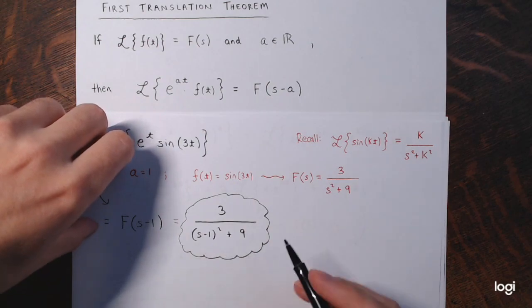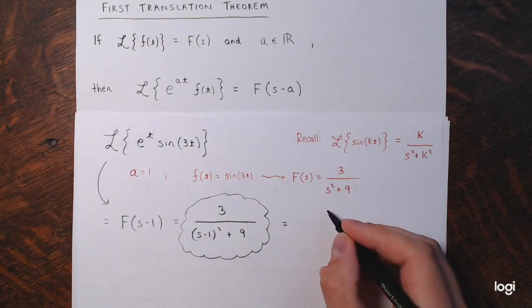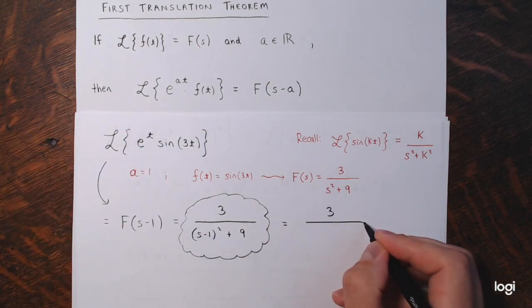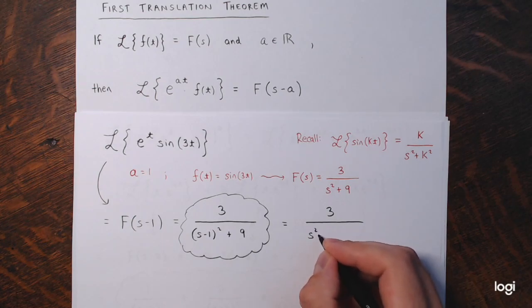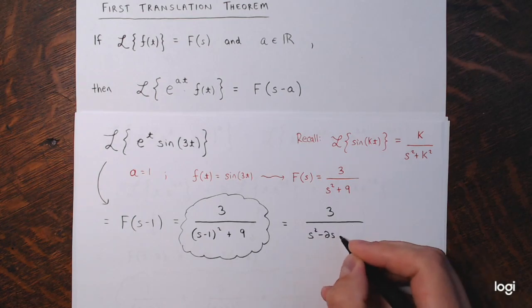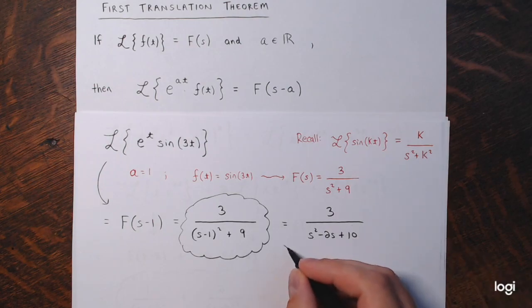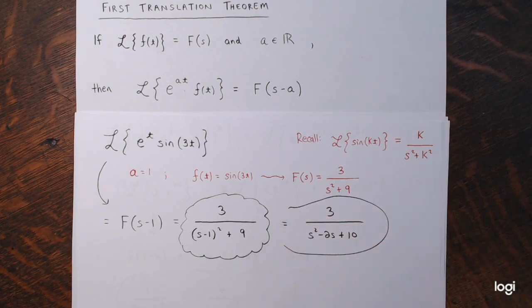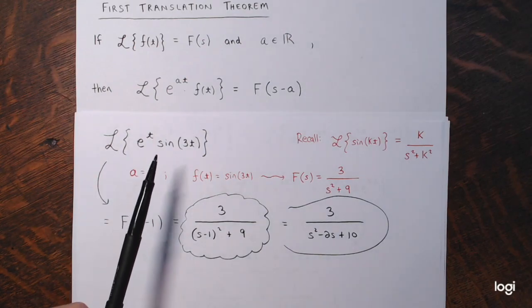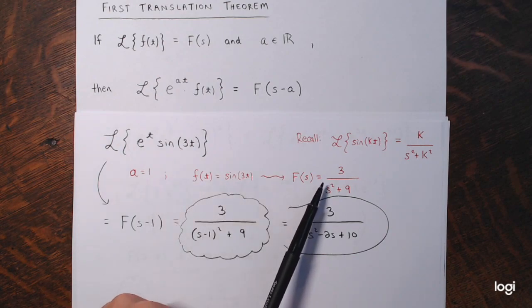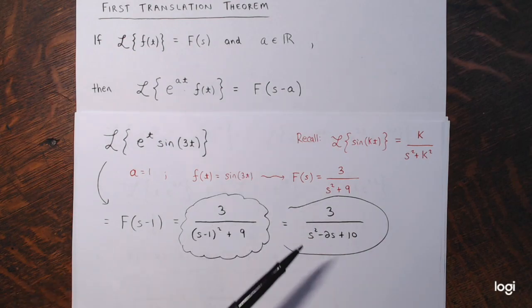Now if you'd like, you can multiply out the denominator. This will be s squared minus 2s and then plus 10. Same thing. Okay. All right. So again, hopefully you know your basic Laplace transforms for constants, polynomials, exponentials, trigs, sine and cosine, right?